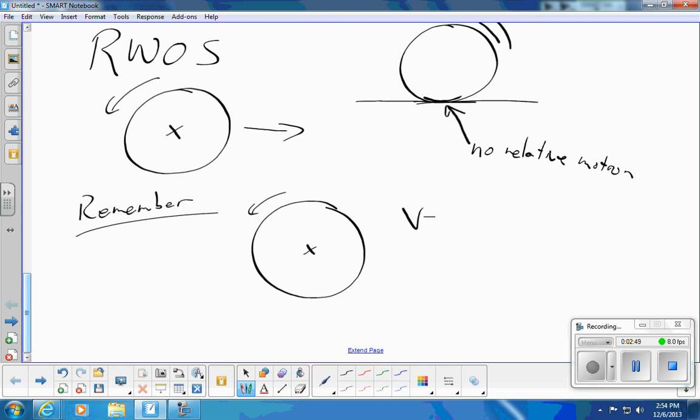One is v equals r omega, and the other one is V equals R omega. The difference between these is that they both, of course, give you a linear velocity based on a distance and a radius, if you will, and an angular velocity. The first one refers to any point on a rigid rotating object.